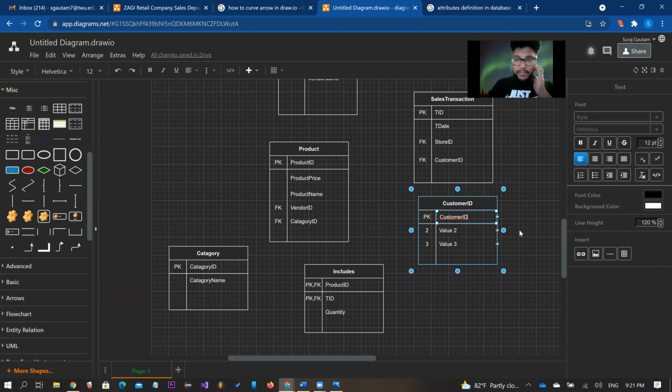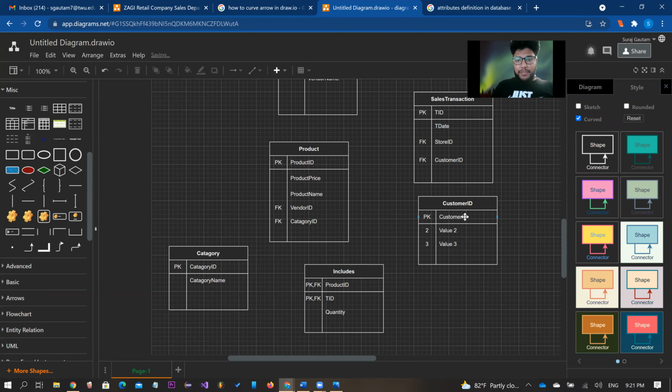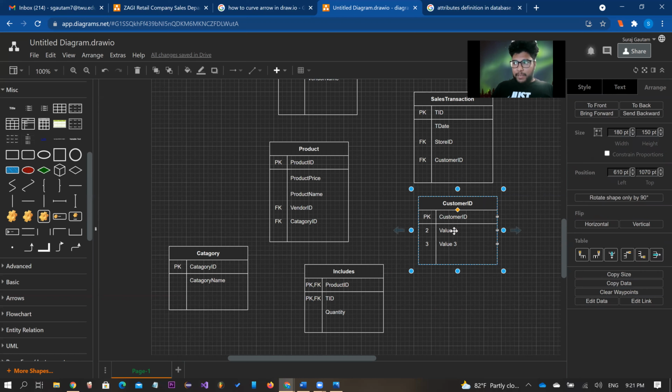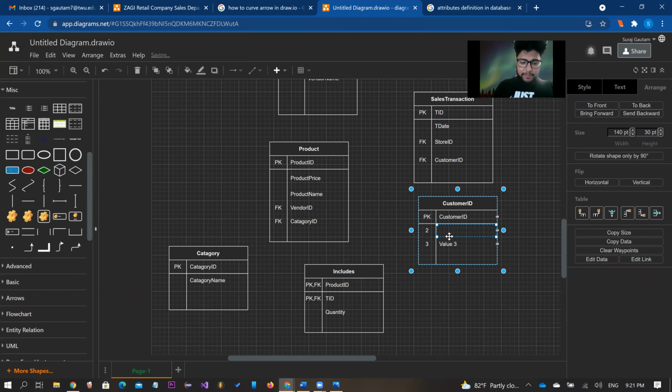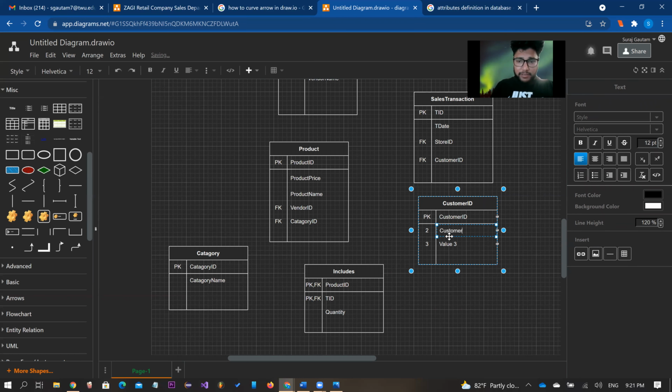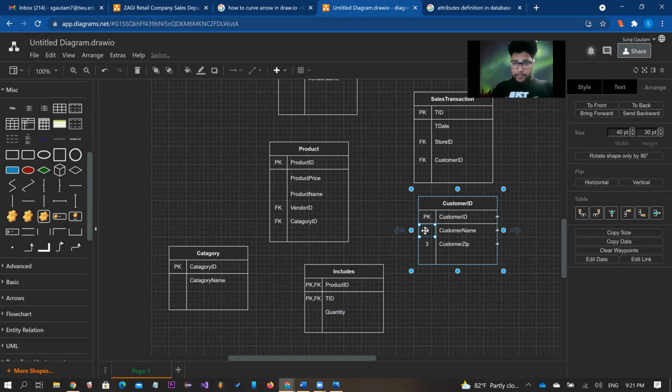This cannot be changed or duplicated. And on the customer ID, we have customer zip code. So we are done with 1, 2, 3, 4, 5, 6.